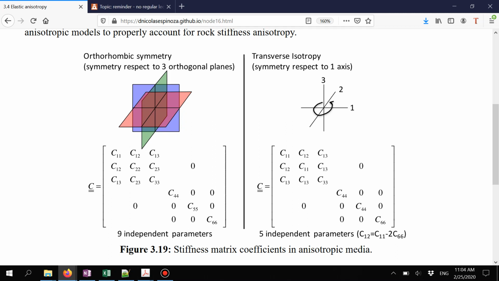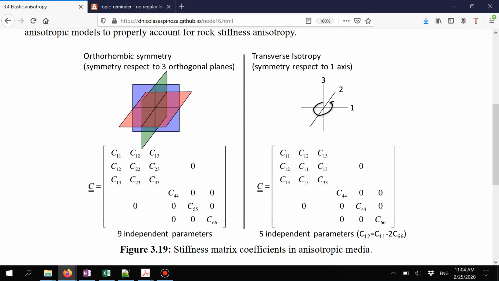But that will basically mean that every time you change the direction of loading, your stiffness is going to be different. An example of that is a medium that is layered like the one that we saw before, but also has fractures inside the rock.